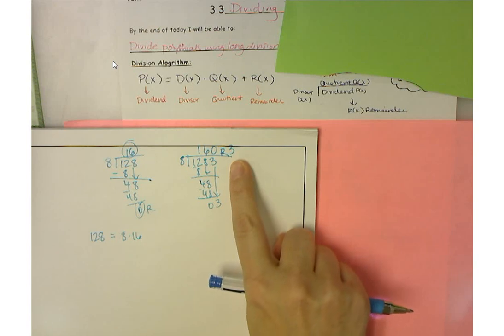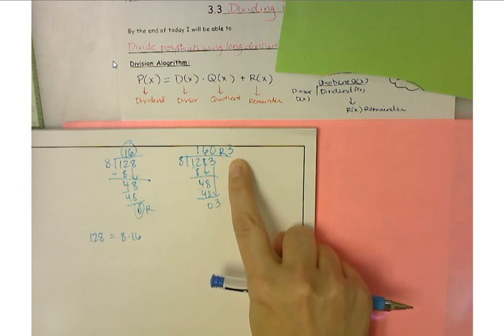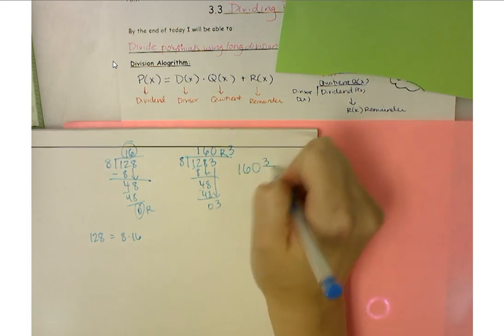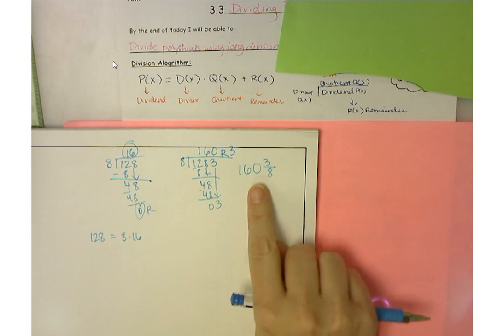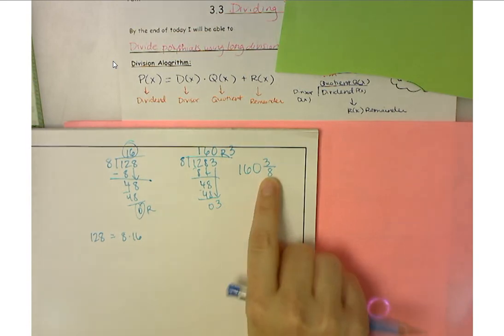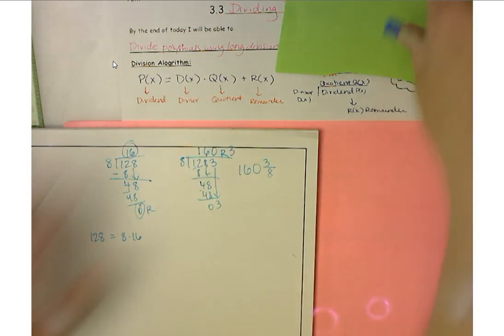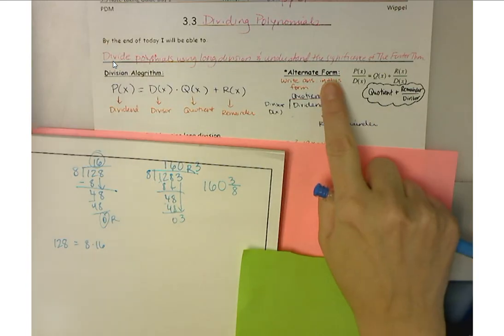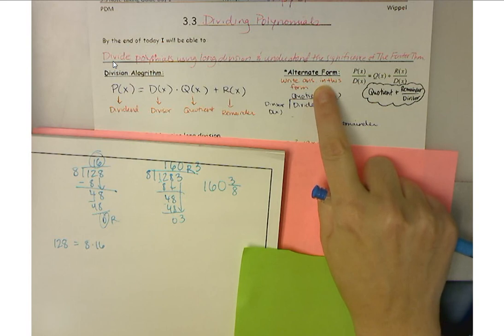Do you guys remember how to write this as a mixed number? Okay, yeah, so it'll be 160 and 3 over 8. This is how we are going to write our answers. We're not going to write them using the logarithm, which is where you see this alternate form. So you are going to write all of your answers in this form.